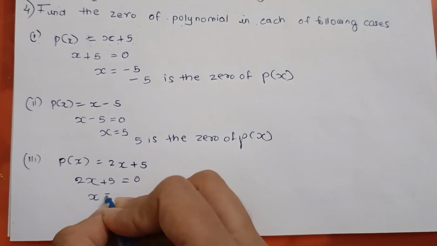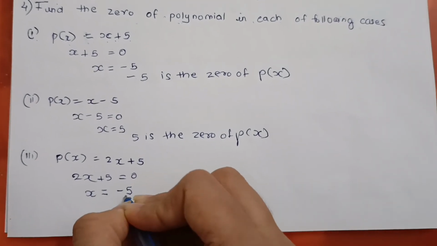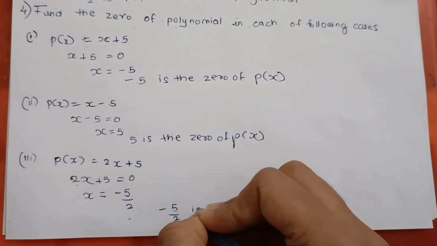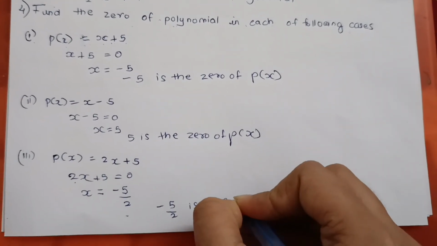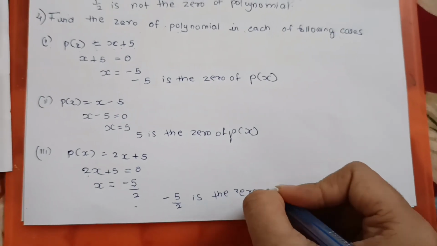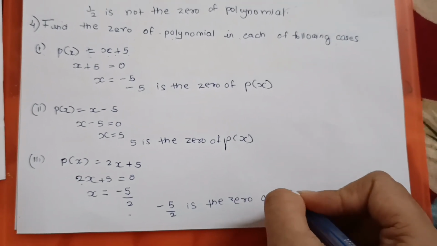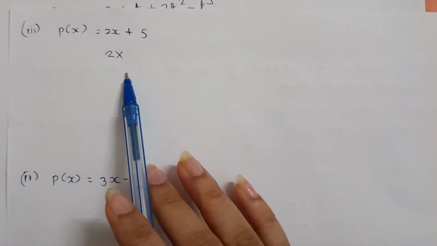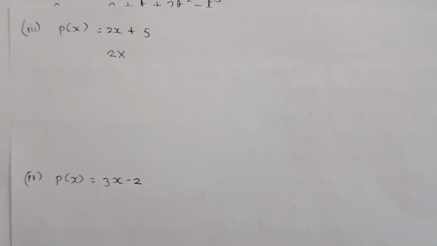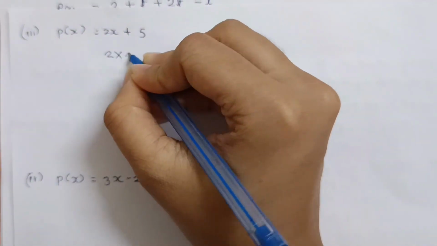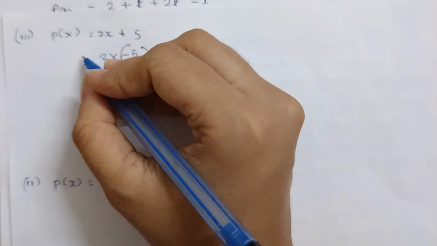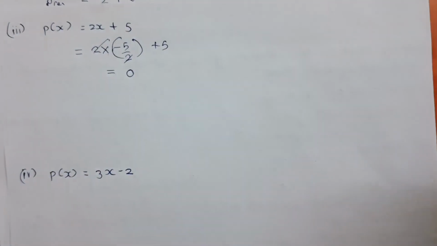So x is equal to minus 5 upon 2. So minus 5 upon 2 is the zero of P(x). Because if we substitute minus 5 upon 2 in this equation in x, we will get the answer 0.